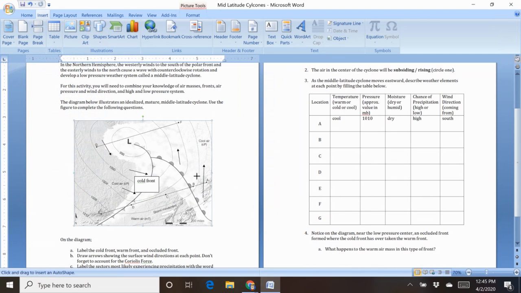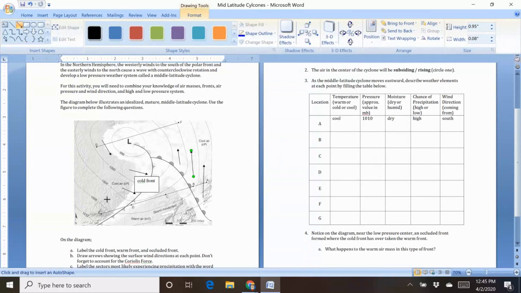So you would go like this, and then it'd be like that. So all the wind is going to be blowing in a counterclockwise motion for part B.